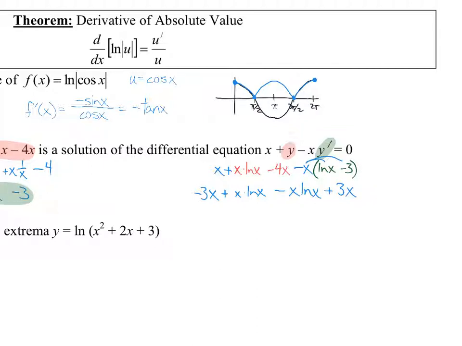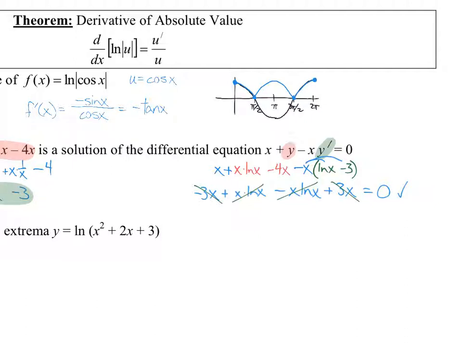This cancels out that, and the negative 3x cancels out that. So this whole thing does indeed equal 0. And now we've proven that it's a solution.